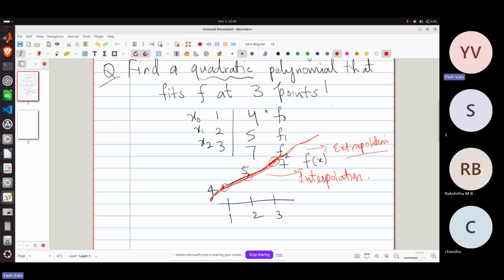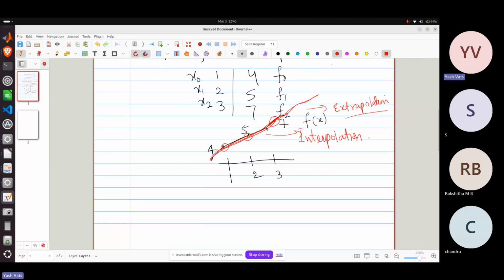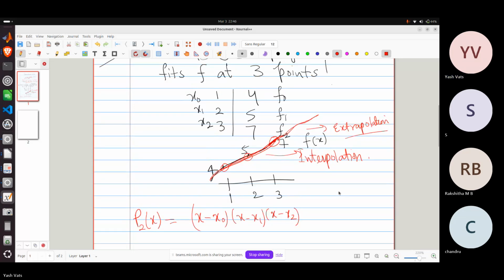Extrapolation. For this you just need to use the formula, which says that p2(x) is x minus x naught, x minus x1, x minus x2, I think. Is that true? No, wait.